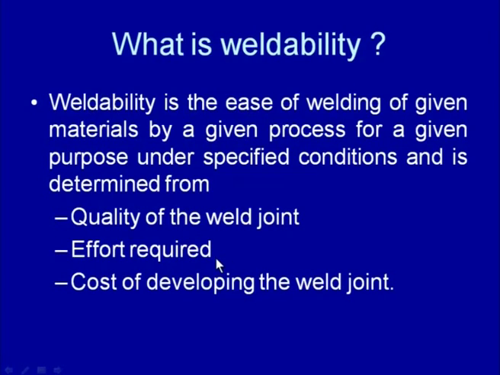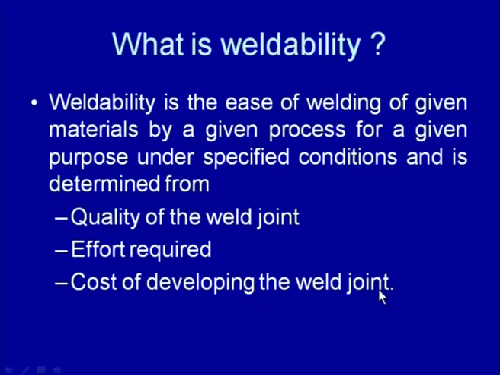Quality of the weld means how the weld joint is fit for a given purpose and how it satisfies the requirements which are expected from the weld joint. Then, efforts required: how much effort we need to put in for developing the required weld joint. The more the efforts required, the lesser will be the weldability of the material, along with the cost of developing the weld joint.